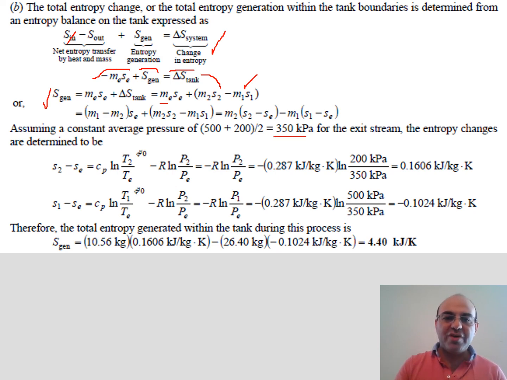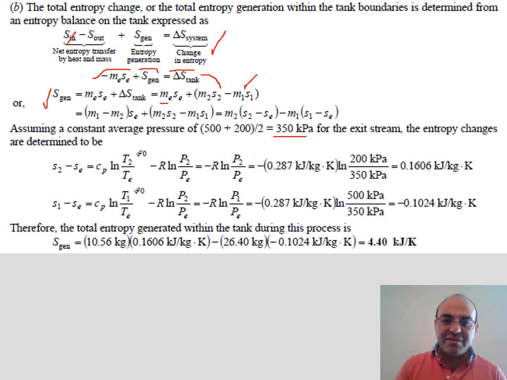So if you rearrange these terms here, let's see what we have. Instead of Me, we can write it as M1 minus M2. And then this is M2S2 minus M1S1.